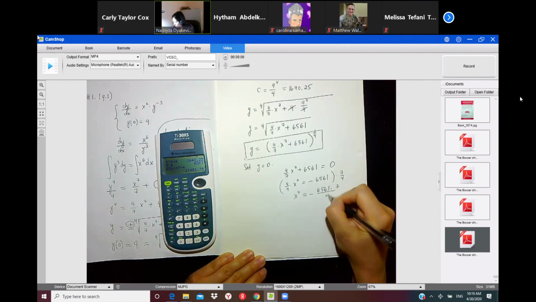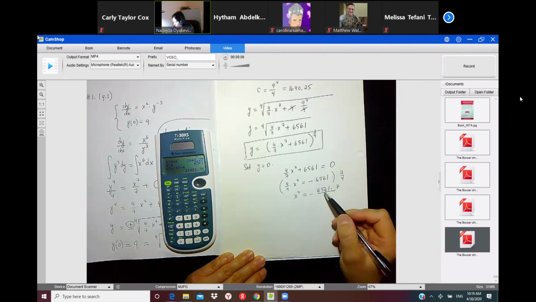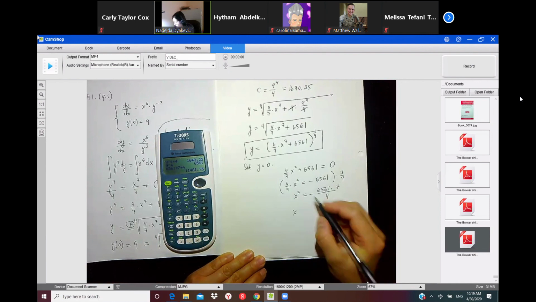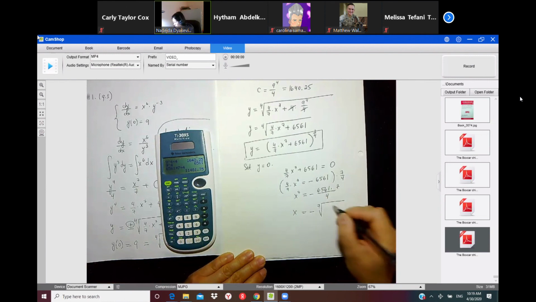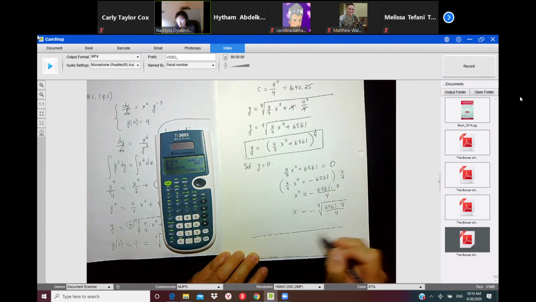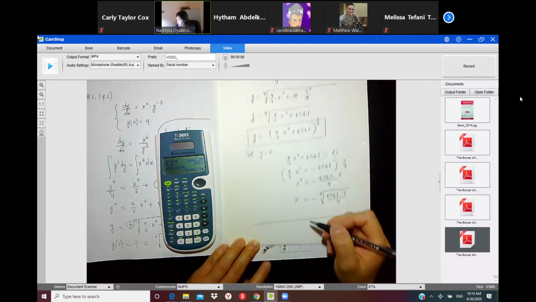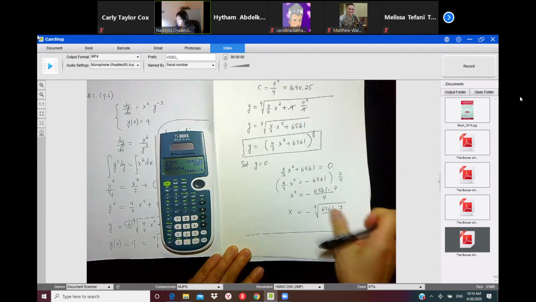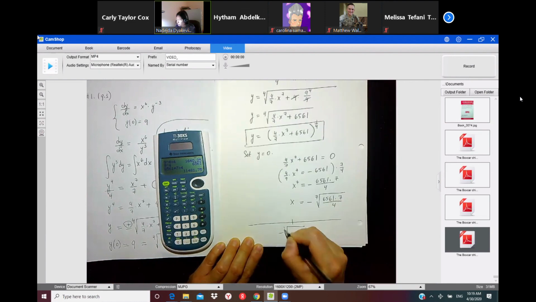And then I'm taking the 7th root of that quantity. That means you can bring the minus up front because the root is odd. And I'm going to keep my answer this way. So this is the troublemaker. This is the bad x value. And I'm going to place it on the number line. This is the 7th root of 6561 times 7 over 4.